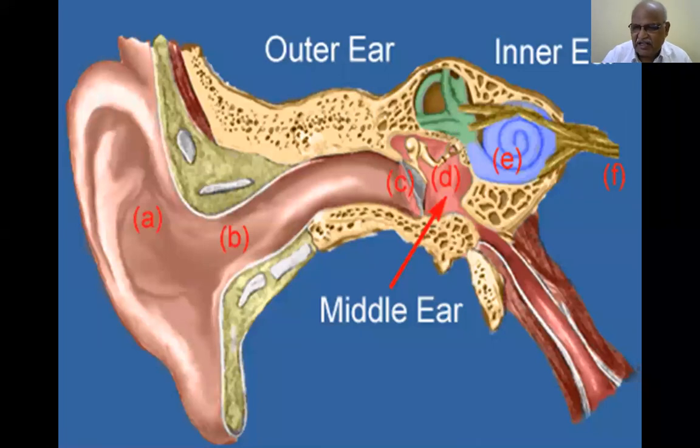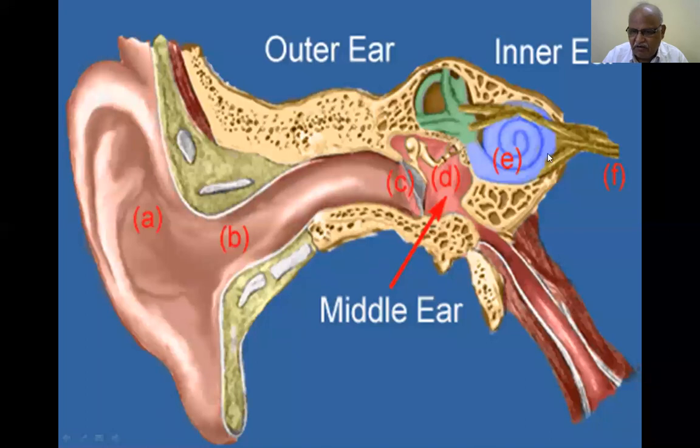So, this inner ear is otherwise called the labyrinth. External ear, middle ear, inner ear. It is present in the bony part of the petrous part of the temporal bone.